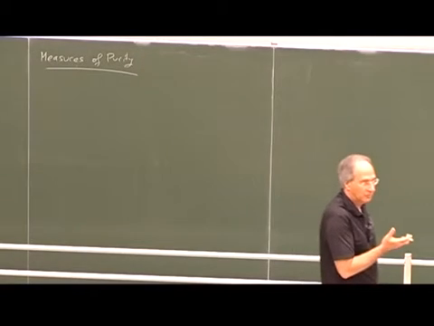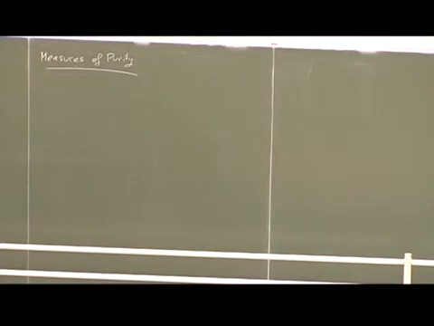We have a density matrix, and we would like to know how many non-vanishing eigenvalues this density matrix has. If it has one, it's pure. If it has many, it's not pure. And then essentially the number of non-vanishing eigenvalues is telling us how pure the matrix is.